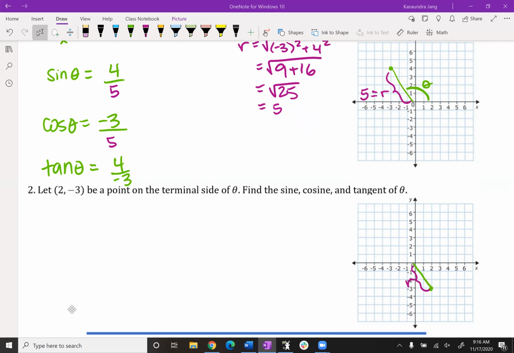Alina, are you there, honey? And I don't exactly know how to find the radius.